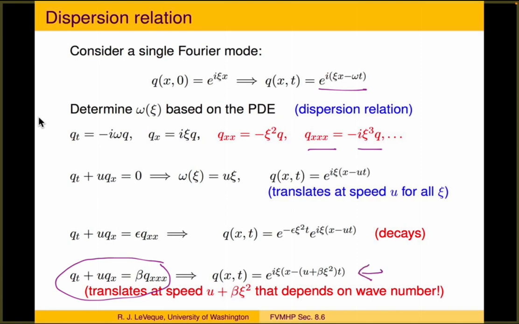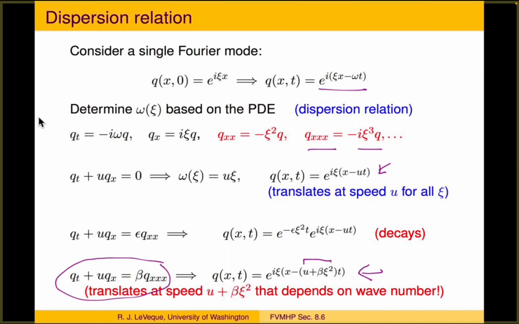solution here that is simply translating again, as in the case of the advection equation, but now the speed at which it's translating is not just the speed u as it was here in the advection equation. Instead, it's u plus beta times c squared. So this quantity here, u plus beta c squared, is the speed at which this wave is translating.